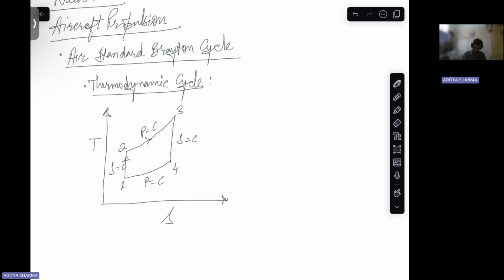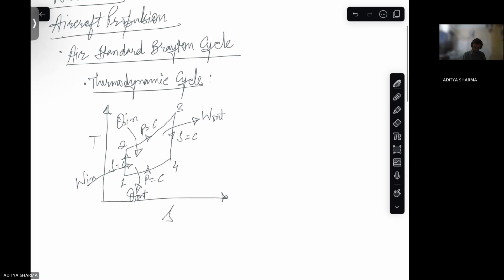It moves in this direction, in this fashion. This is U in, this is U out. From here you get work out. Here you get work in. Alright.